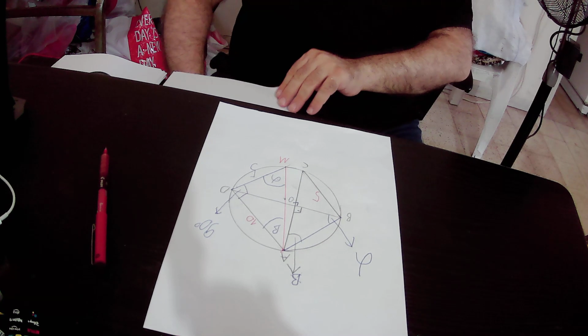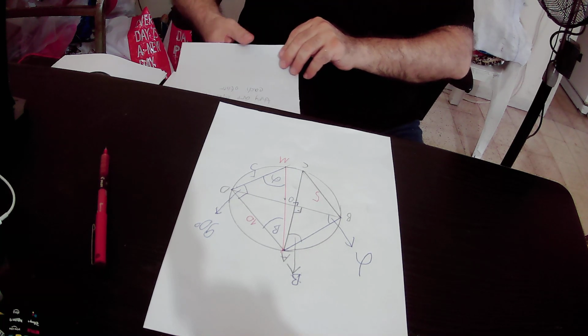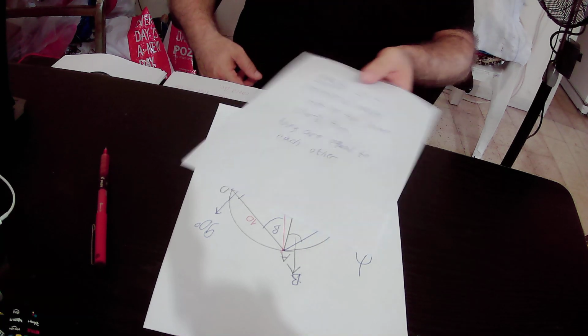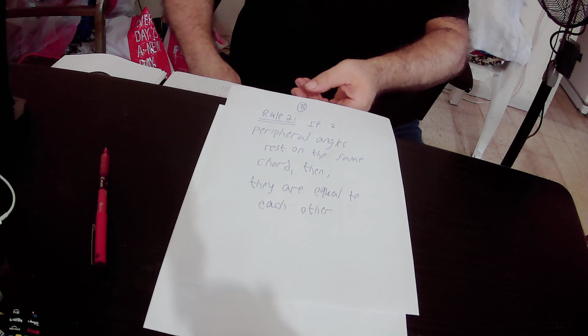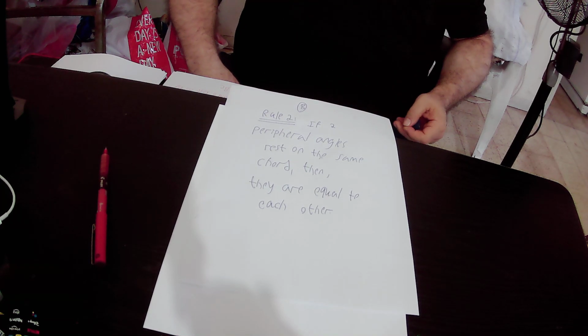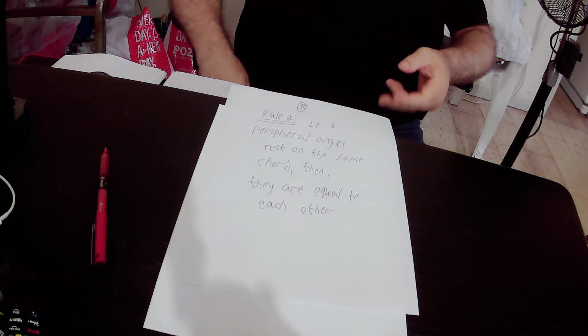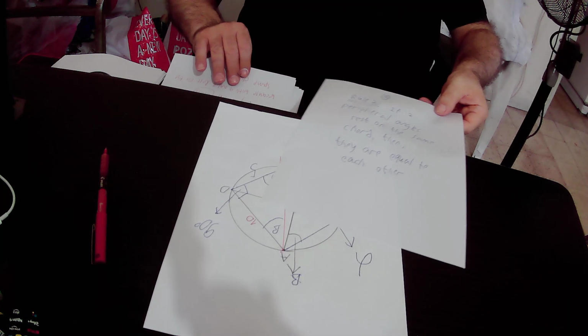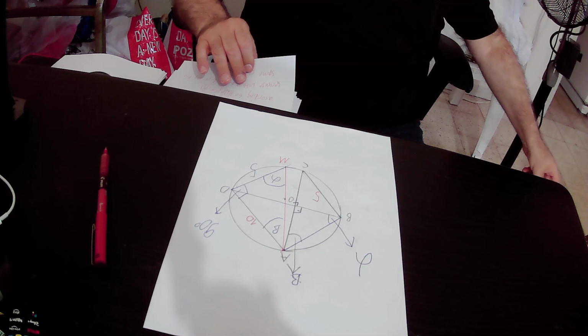Then we have rule number 2 that states that if two peripheral angles rest on the same chord, then they are equal to each other. Let me give you an example to clarify it.